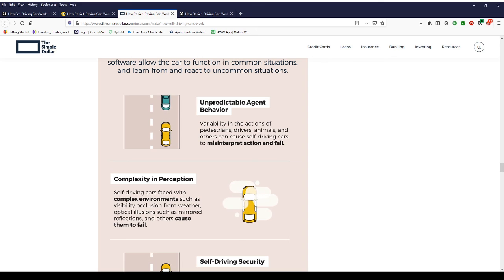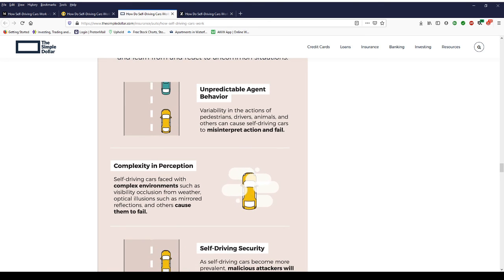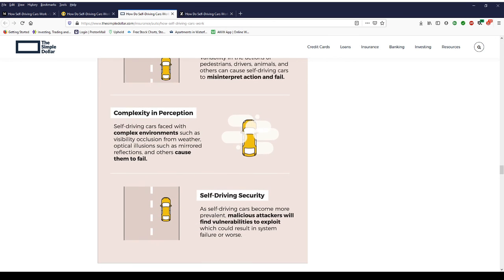So trying to predict the behavior and make a decision based on that behavior becomes very, very complex. The complexity in the perception and also in the decisions is what is holding this self-driving car industry back.